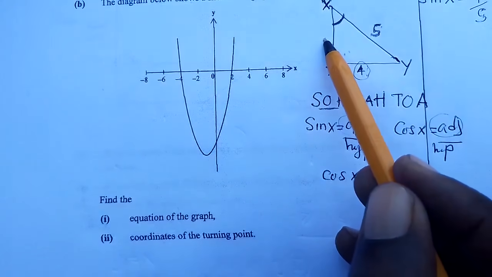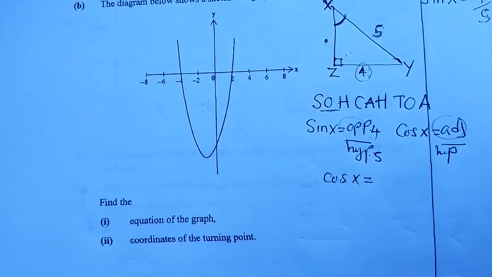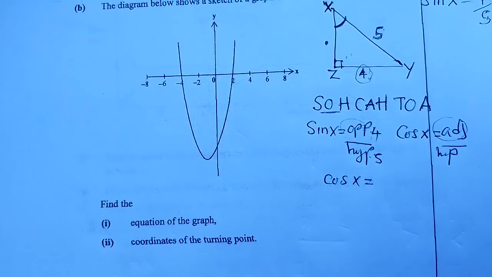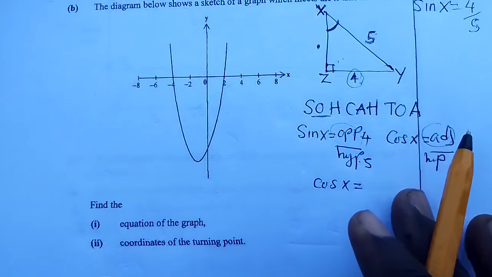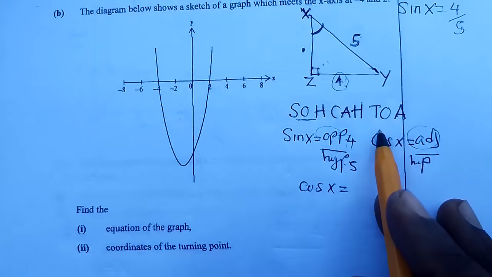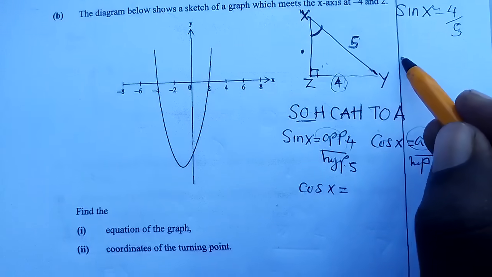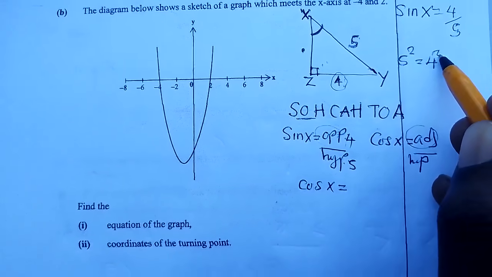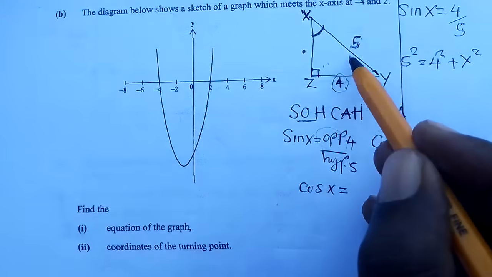I don't know it, so I use the Pythagorean theorem. I'm going to write it here: 5 squared is equal to 4 squared plus x squared. This is the hypotenuse.